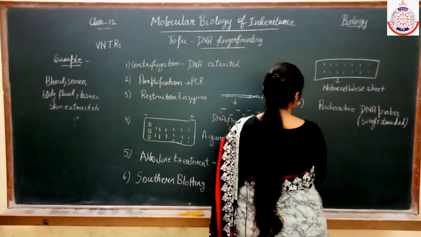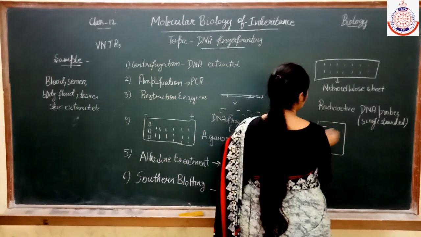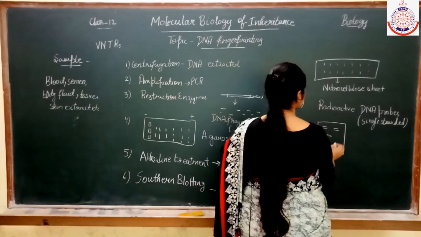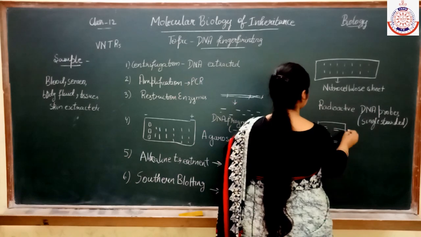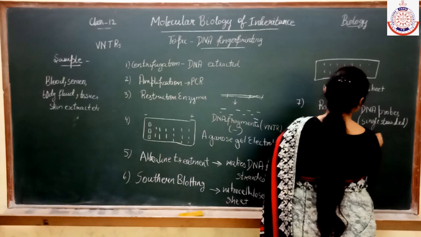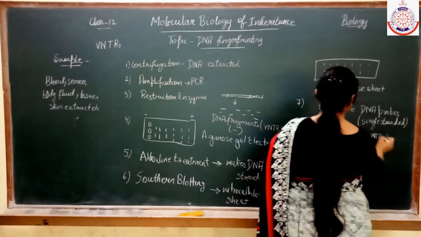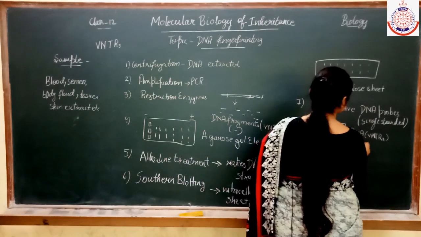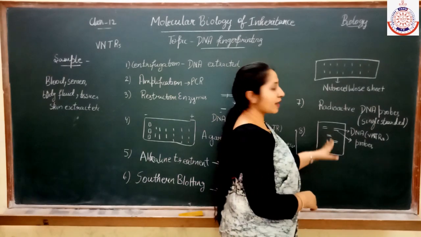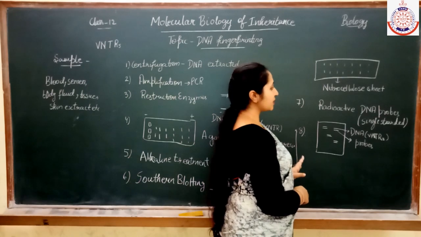So what happened? They will combine with the DNA fragments having the VNTRs. And these are the probes. So they will combine with the DNA sequences if they have the complementary base sequences.